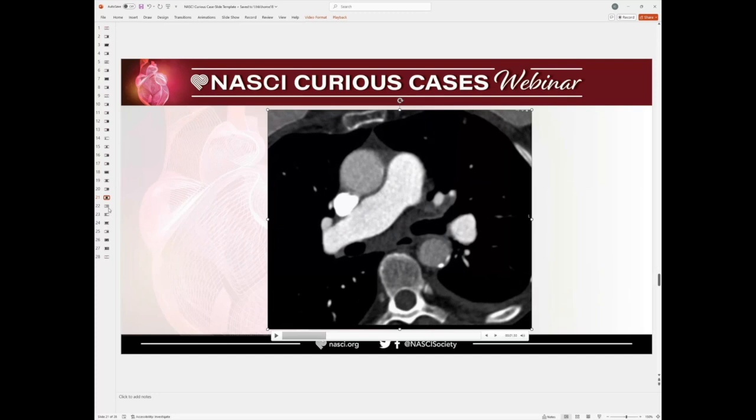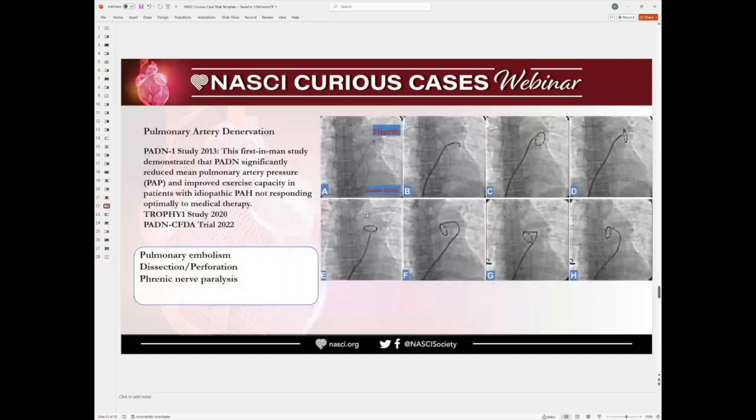The pulmonary denervation procedure: as I said, I didn't know the details of the procedure either. They started doing this, and the first study is from 2013. It is for pulmonary hypertension not responsive to medical management. They are thinking that if they can denervate the sympathetic innervation there, they can give the patient a little bit better outcome.